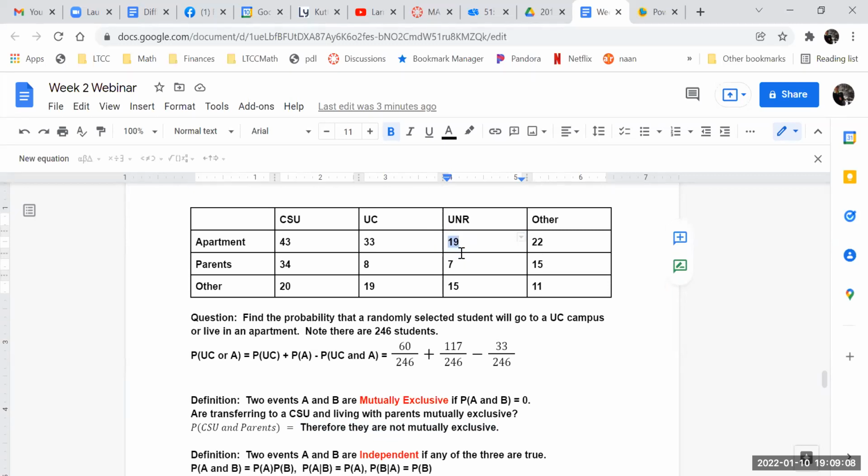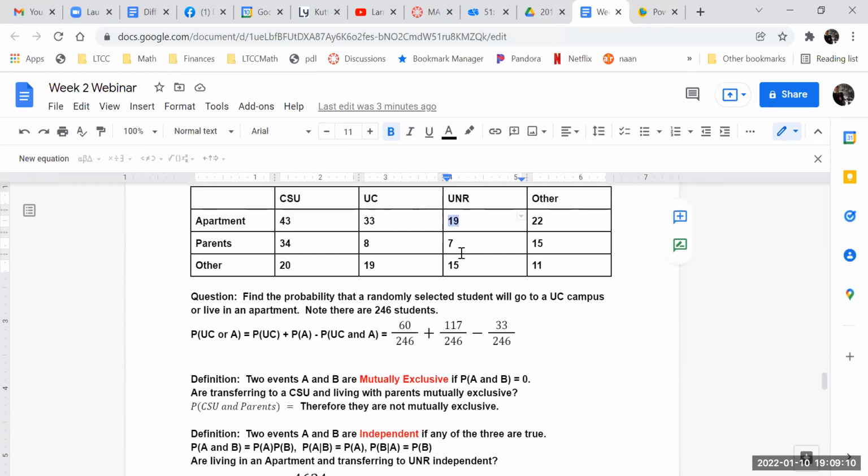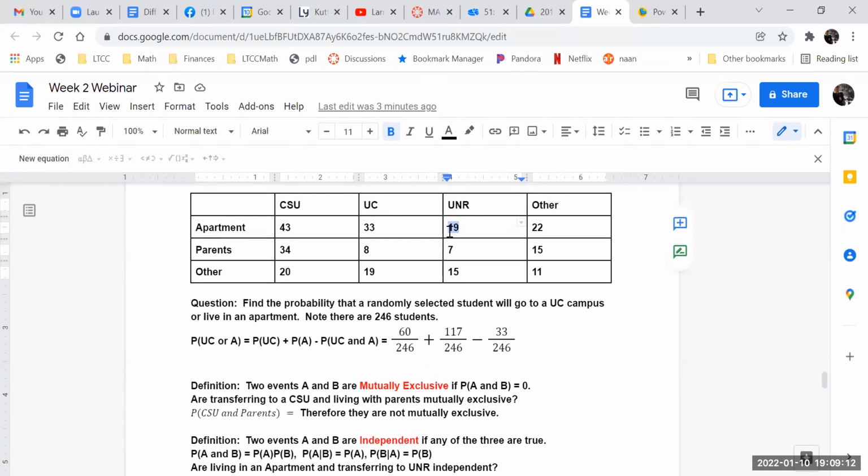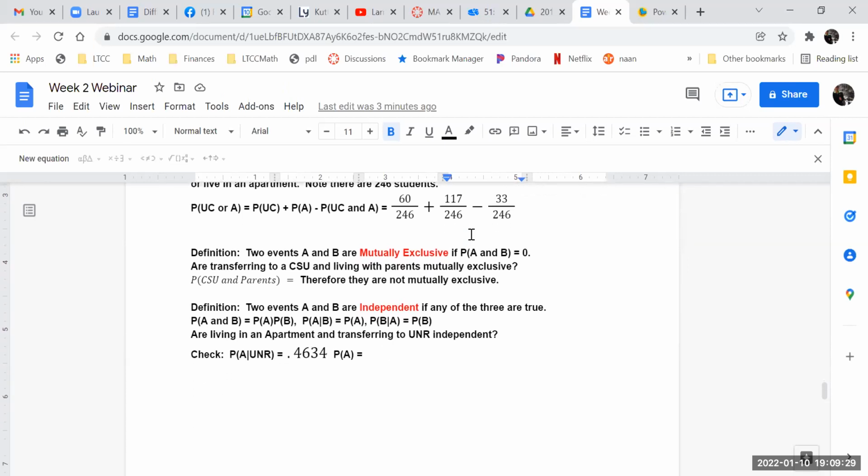And we're given that they're UNR students, and how many transfers to UNR there are, that's this group, 19 plus 7 plus 15. 19 plus 7 is 26, 26 plus 15 is 41. So it's going to be 19 over 41. And when I did 19 over 41 in a calculator, I got 0.4634, about.